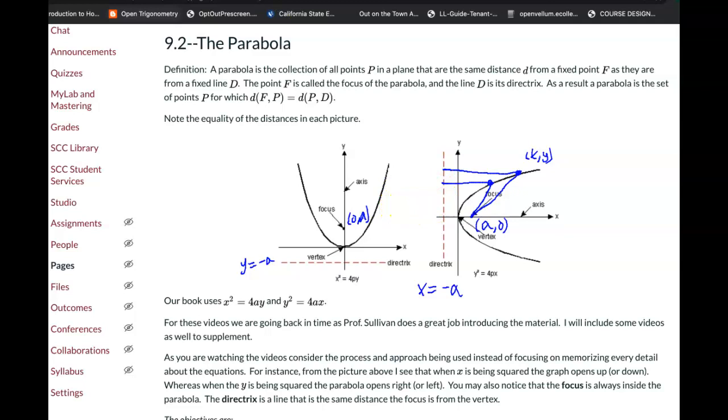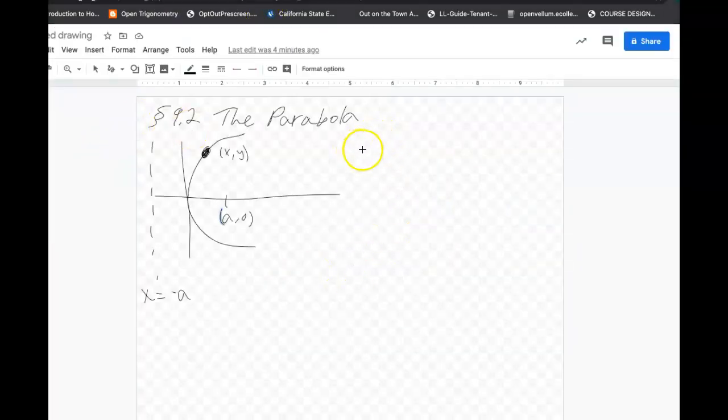So let's go to another page and prove that the distance from the focus to the point is the same as the distance from the point to the directrix.